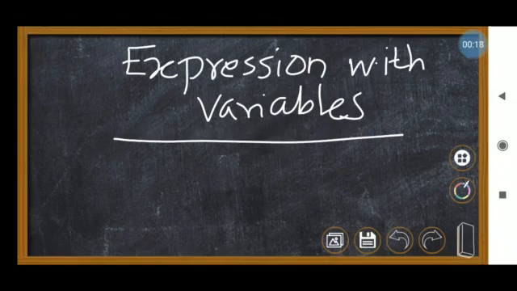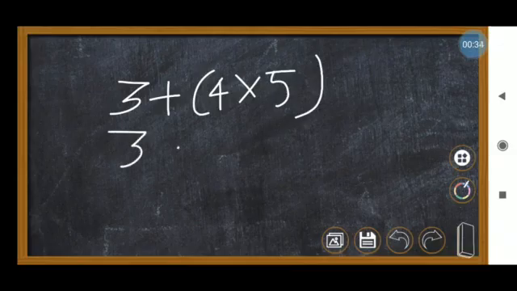Okay students, how to form an expression with a variable or without a variable. First, we will take an expression without a variable. For example, 3 plus 4 into 5, and then 3 into 4 plus 5.